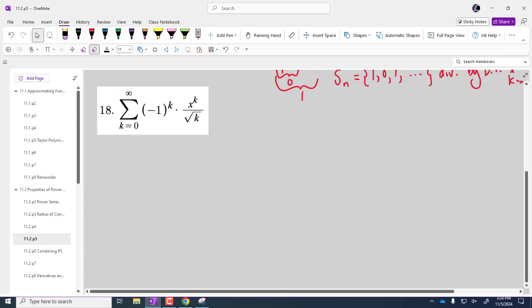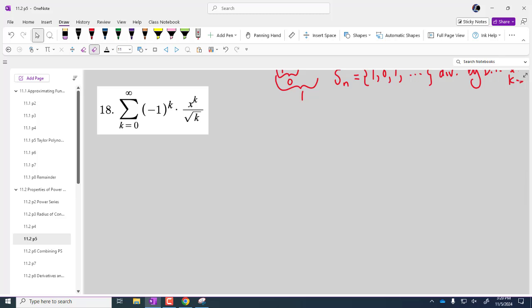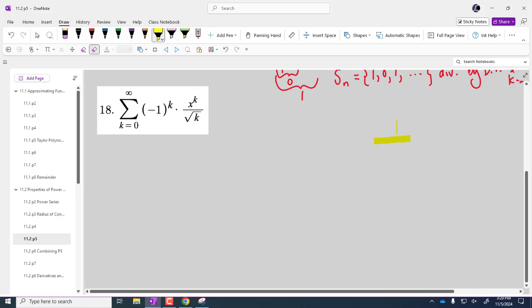But there's one thing that's fishy with inverse tangent. What is the derivative of inverse tangent? 1 over 1 plus x squared. So the derivative is 1 over 1 plus x squared.